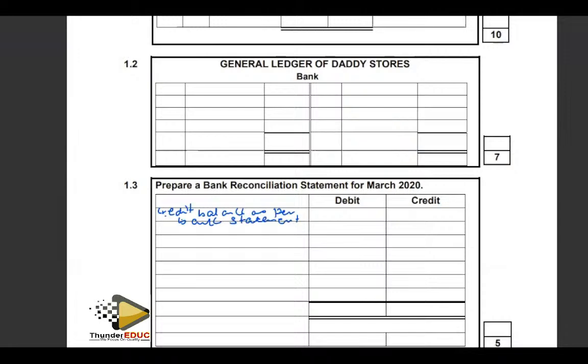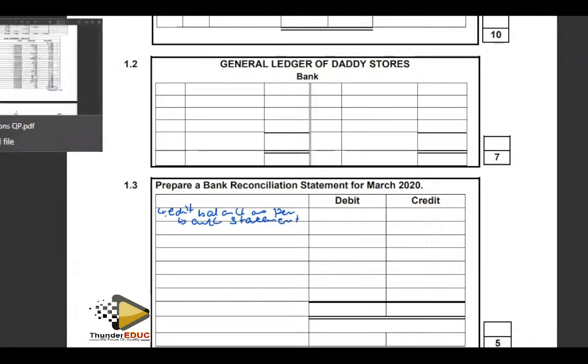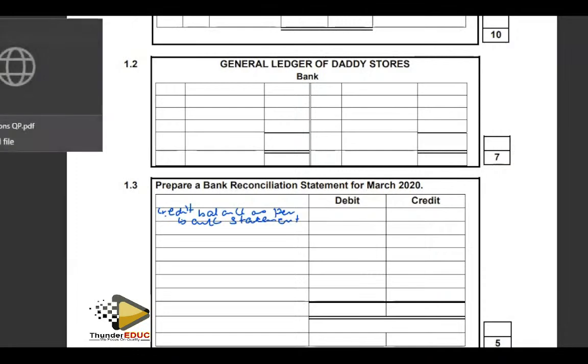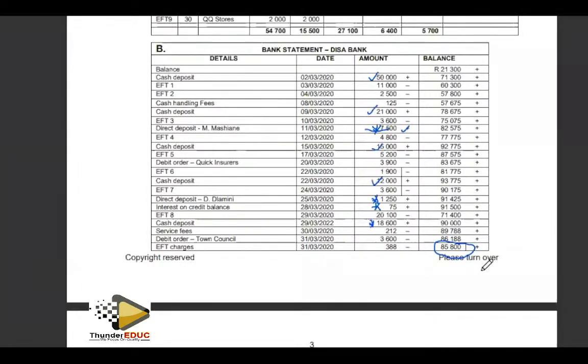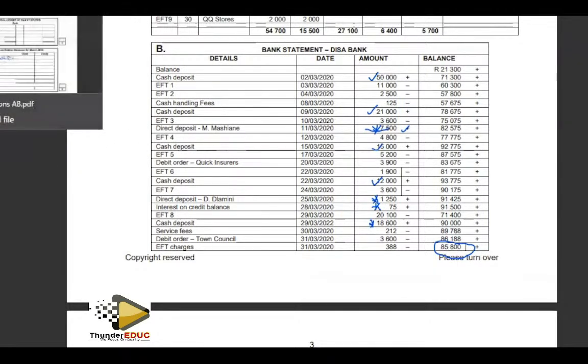Let me check here. Okay, where do we get the credit balance? We get the credit balance from 85,800, okay? 85,800. This is our credit balance.